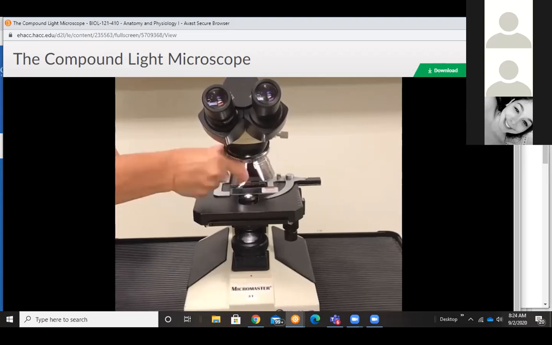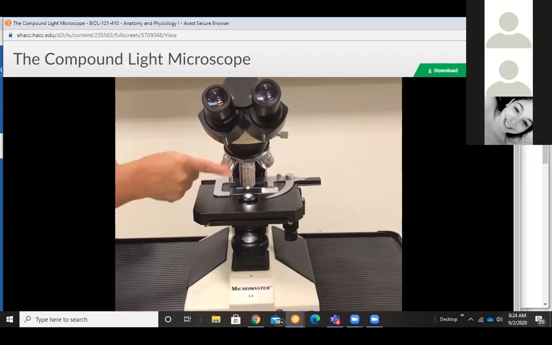The longest objective is indicated by a white band, and this is called the oil immersion objective. This is a special objective that we use by putting a drop of oil onto the slide to enhance the resolution of the image.